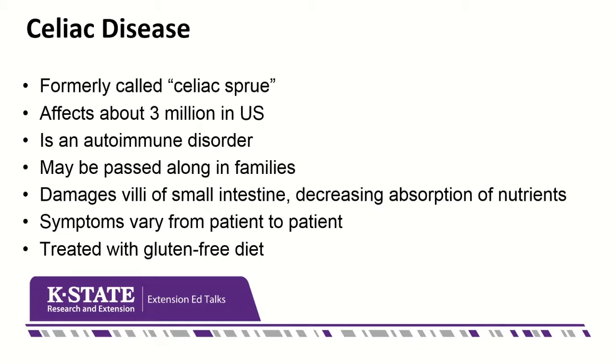It's an autoimmune disorder, and it may be passed along in families. It damages the villi of the small intestine, which decreases absorption of nutrients, and symptoms vary from patient to patient. And celiac disease is treated with a gluten-free diet.